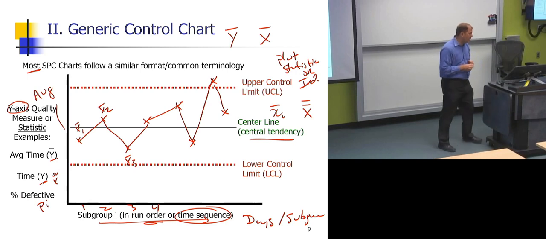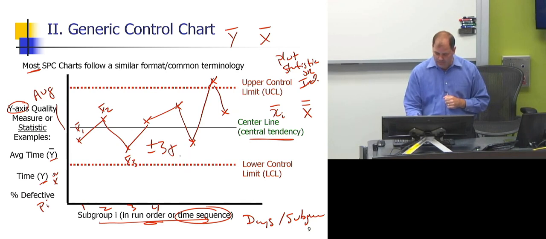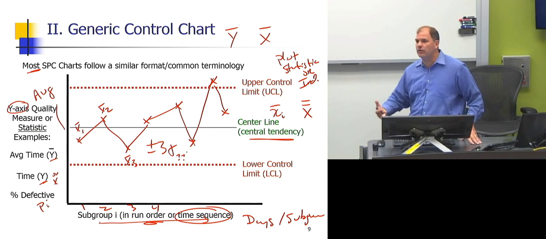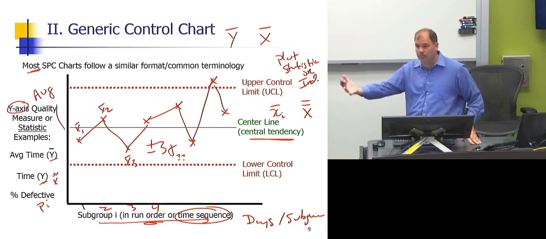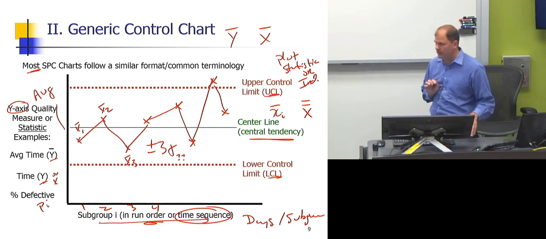And I'm going to set up limits on a Shewhart chart at plus or minus 3 sigma. But this is sigma of x bars, or sigma of ranges, or sigma of p's, sigma of something. We're going to call these UCL and LCL, upper control limit and lower control limit.